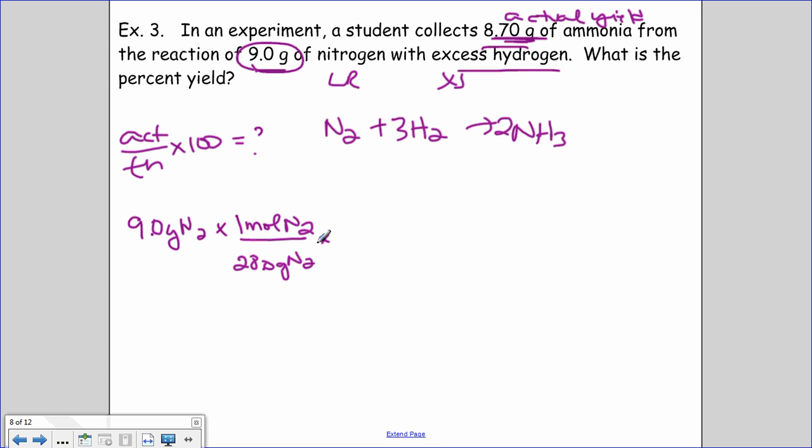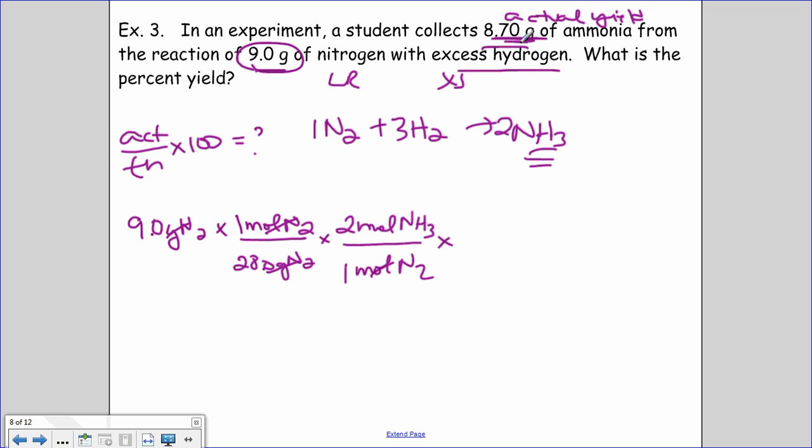And then I'm going to see theoretically how much ammonia I should be getting here. So I'm going to use the mole ratio of 1 to 2 here. So I'm going to put 2 moles of ammonia on top, 1 mole of nitrogen on the bottom because of the BCE. So far I've canceled out grams of nitrogen, moles of nitrogen.